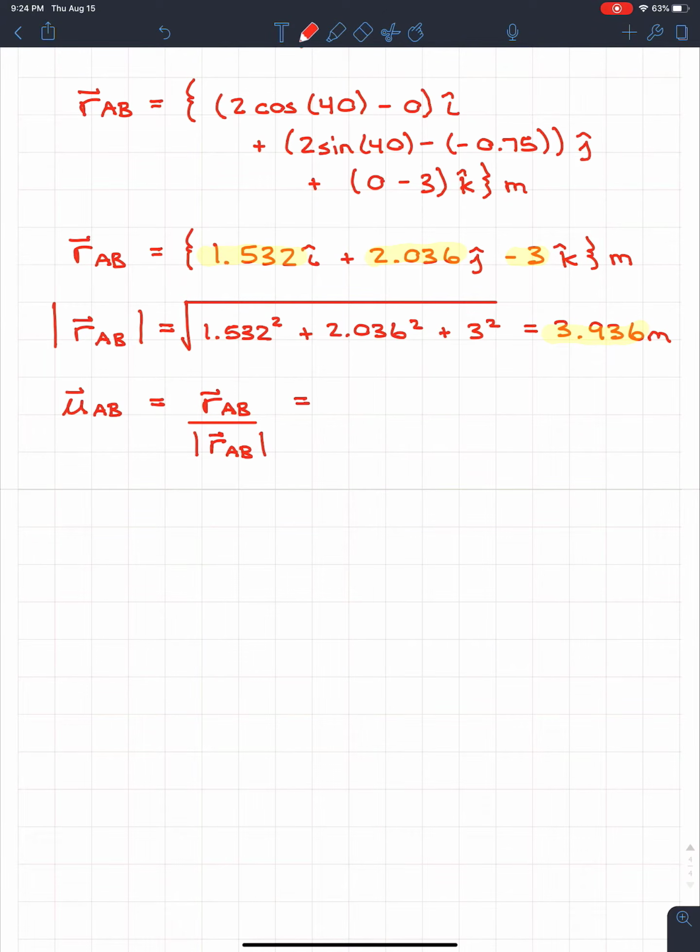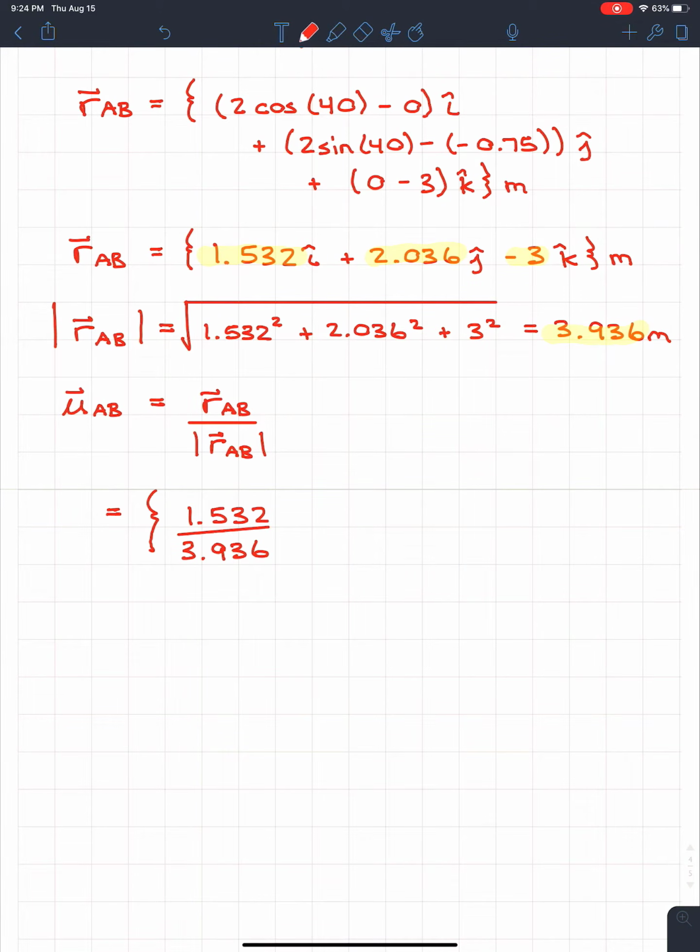So if I just put squiggle brackets and I'm going to go down because I know I'm not going to have enough room there and it'll just be messy. So it's equal to, I'll put big squiggle brackets. So it's going to be the I component. So 1.532, and that's divided by 3.936.